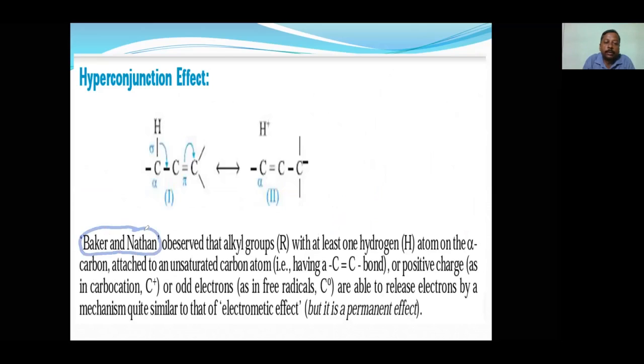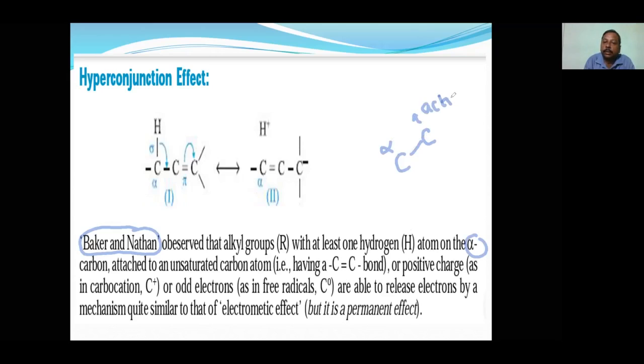Okay, because he observed that alkyl groups, this is alkyl groups with at least one hydrogen at the alpha position, alpha carbon. Okay, so alpha carbon, and active carbon. Let us take, this is the active carbon.